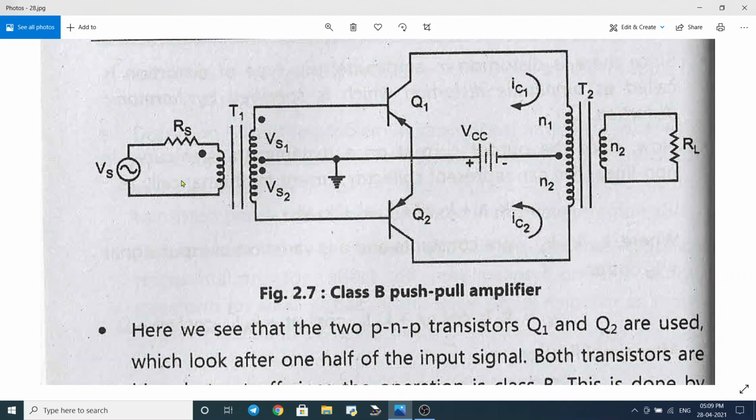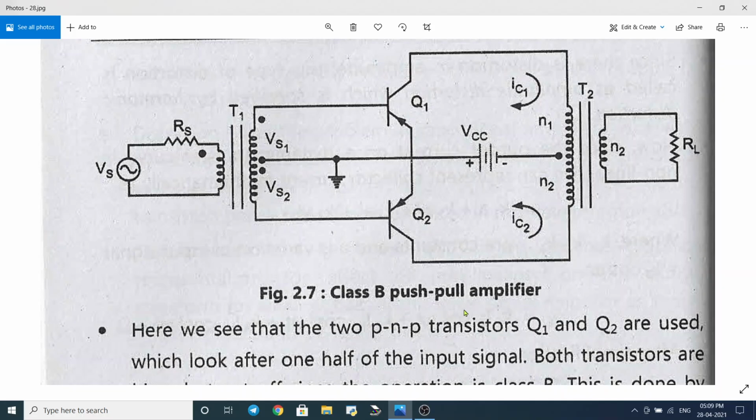At the same time, when this is positive, this will be negative. So transistor Q2 will be turned off, or it is in the cutoff region and it will conduct less. So one is acting like push and the other is acting like pull.